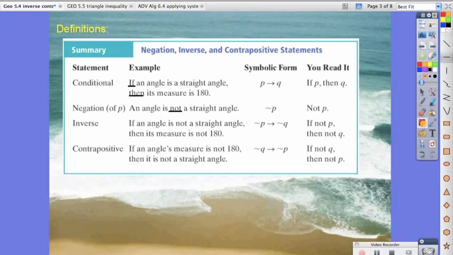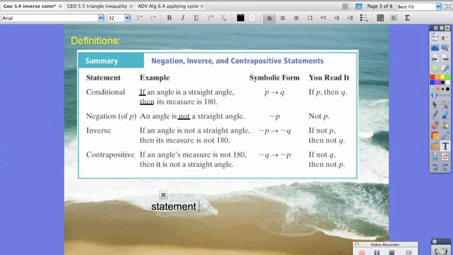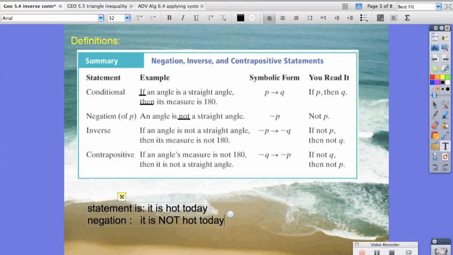Okay, and we're going to practice this a little bit more. For example, if our statement is it is hot today, the negation would then be it is not hot today. So notice the only thing that changed from the statement to the negation is that we added the word not. So it should be fairly simple.